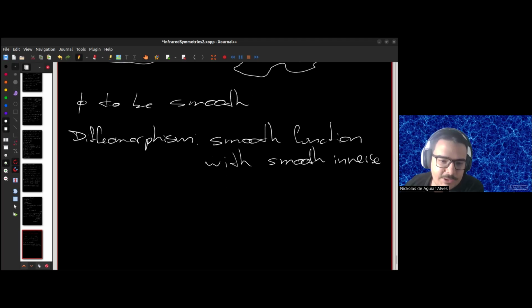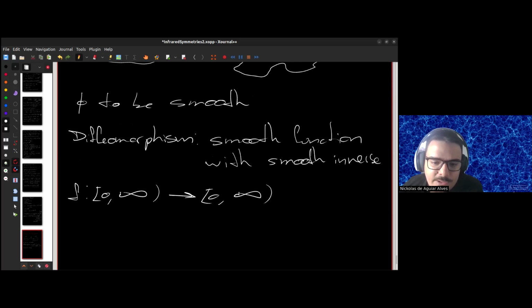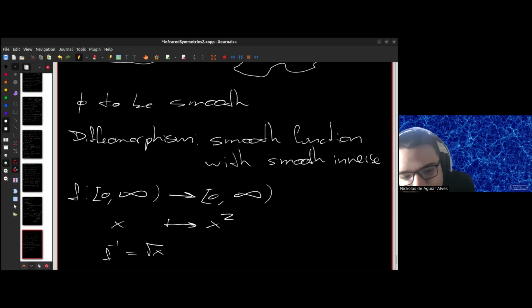So for example, just for a quick example, consider the function f from [0, infinity) to [0, infinity) that takes x into x squared. Then the inverse is the square root, and the square root is not smooth at 0.